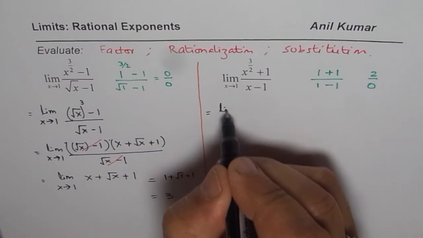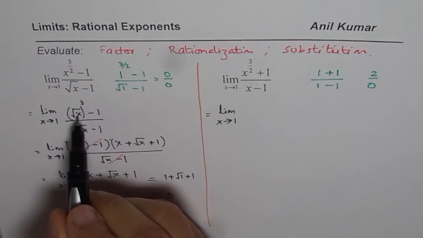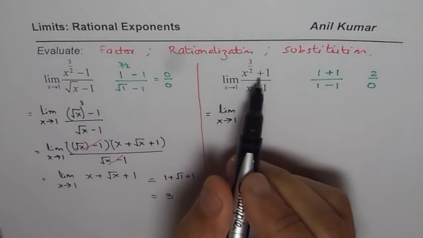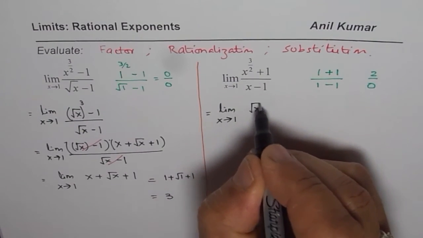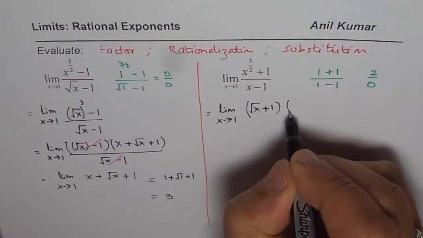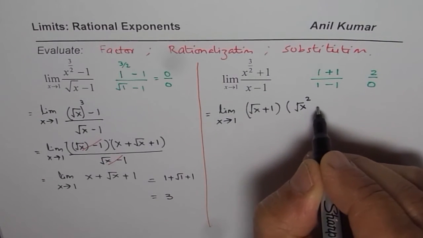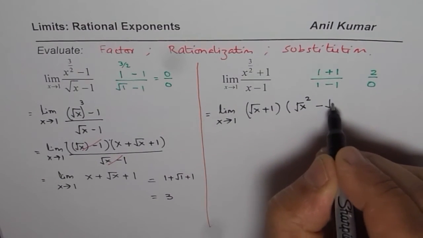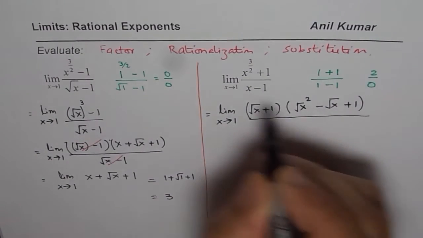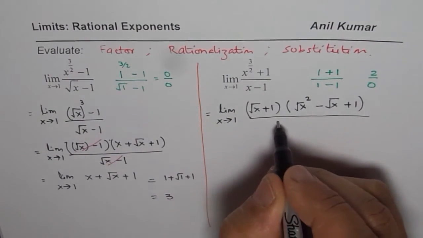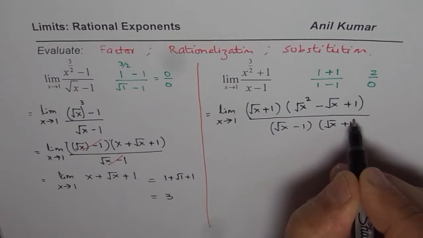So we get the limit as x approaches 1. Now, you know, this could be treated as (square root of x) whole cube plus 1. So a cube plus b cube is the formula which we need to apply here. We get (square root x + 1) times (a square minus ab plus b square, which is 1), divided by, you can factor x minus 1 as (square root of x - 1) times (square root of x + 1).